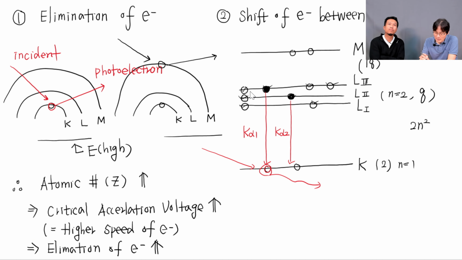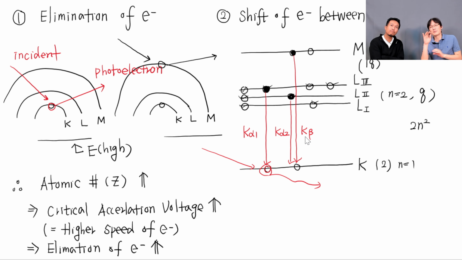So what about this one from the M shell, from very high, very far, all the way down to K? There should be K beta. So all from the L level become alpha, and from the M, beta.